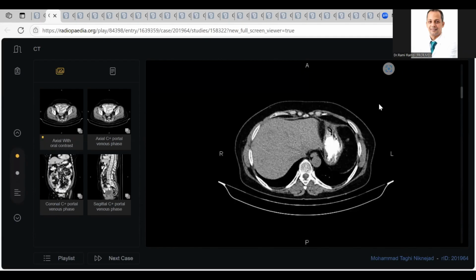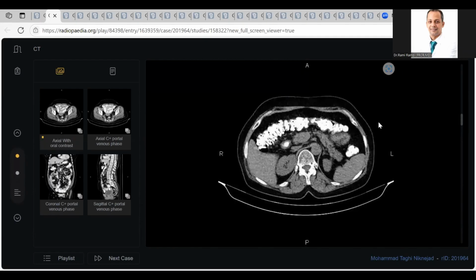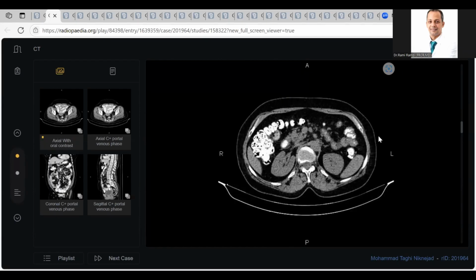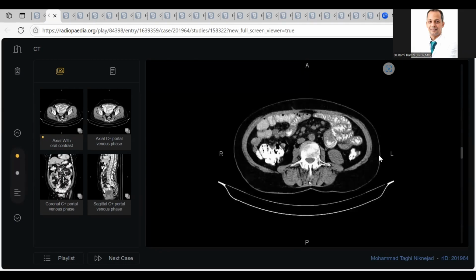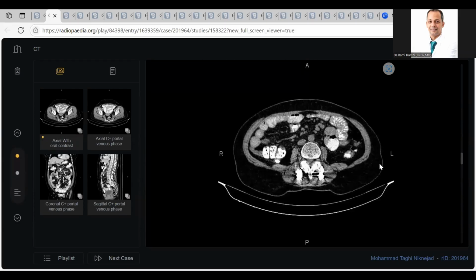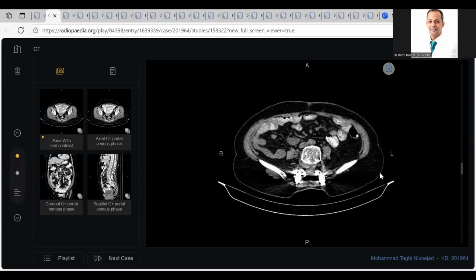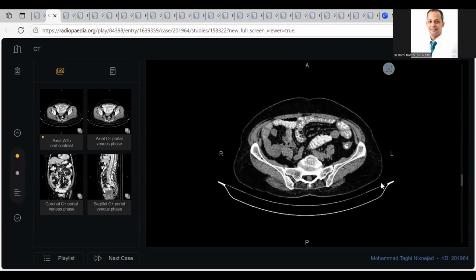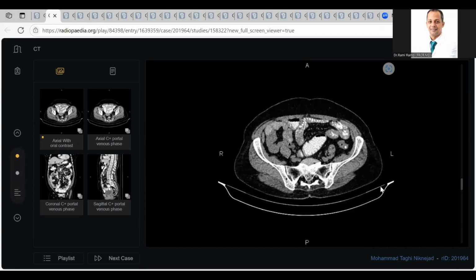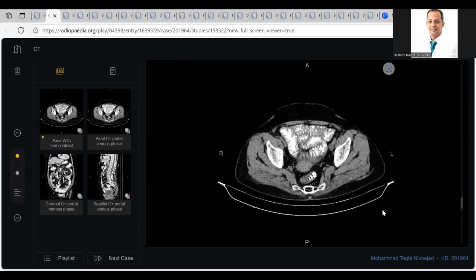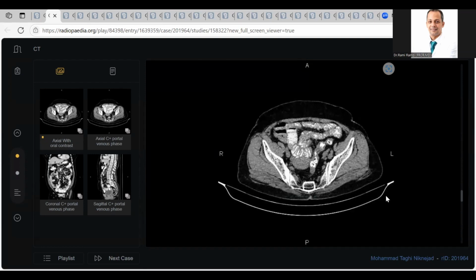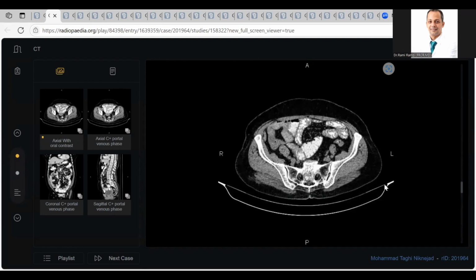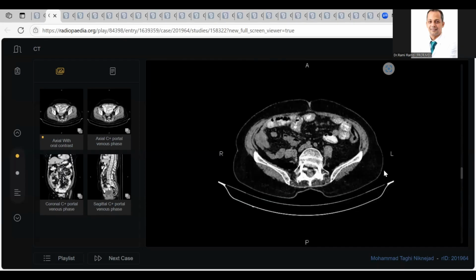Could you describe the usual appearance? In celiac disease, the lymph nodes are there in the mesentery, but they are not necrotic. There is no evidence of any calcification within the lymph nodes. I am checking for any thickening within the bowel loop to rule out any lymphoma. I want to go for the contrast image.